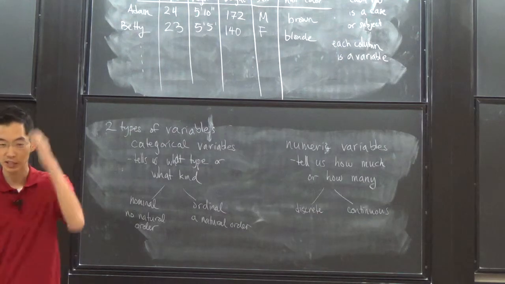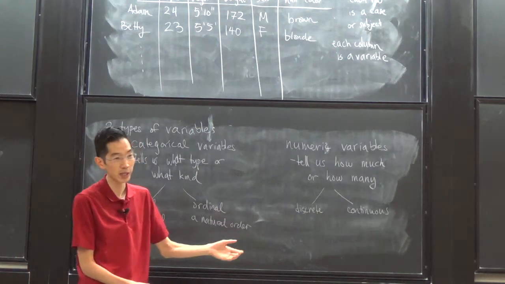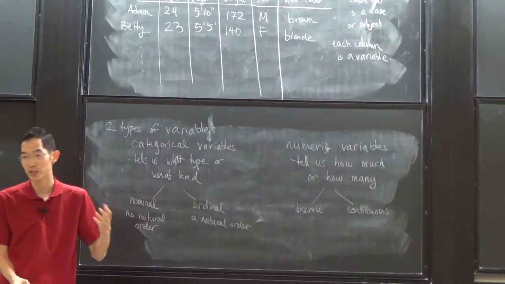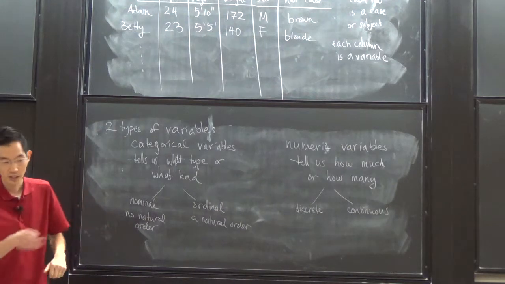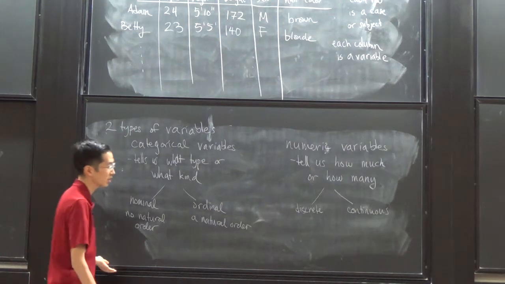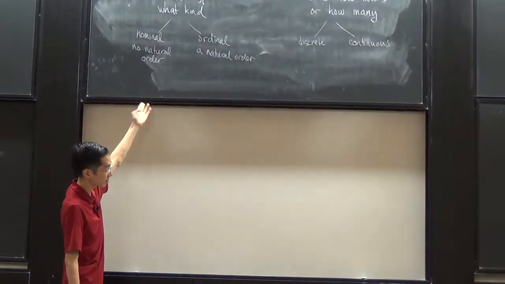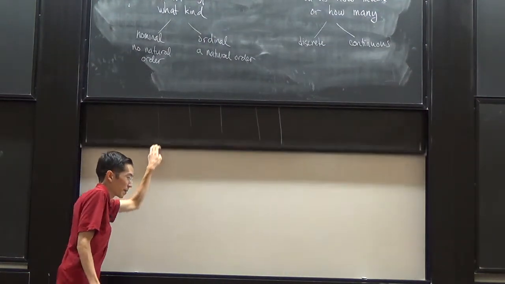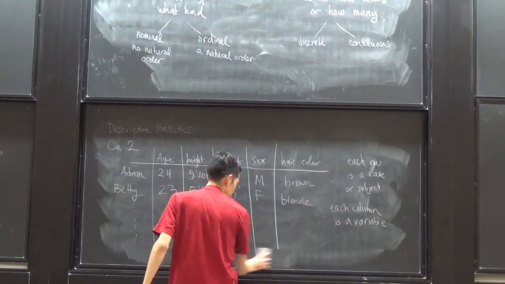Okay? It is possible for someone to weigh 172.13 pounds and someone else to weigh 172.136 pounds or something. It's just slightly different depending on the accuracy, or precision, of our scale.